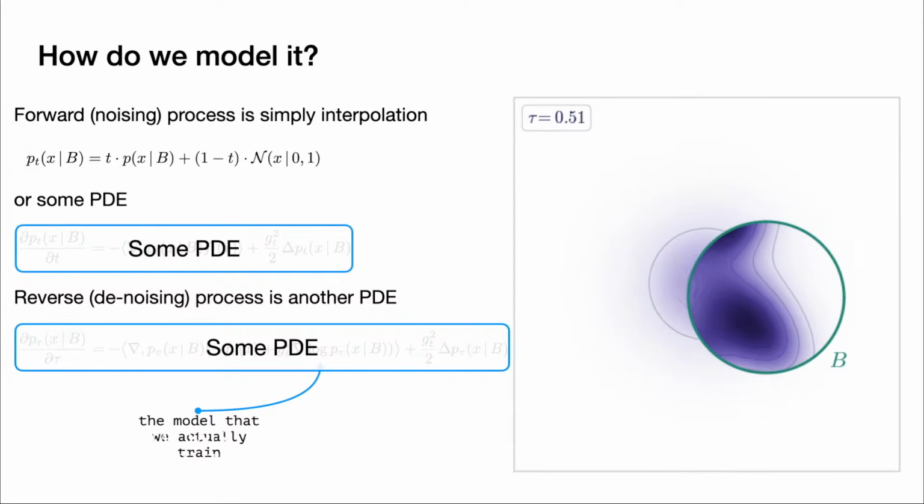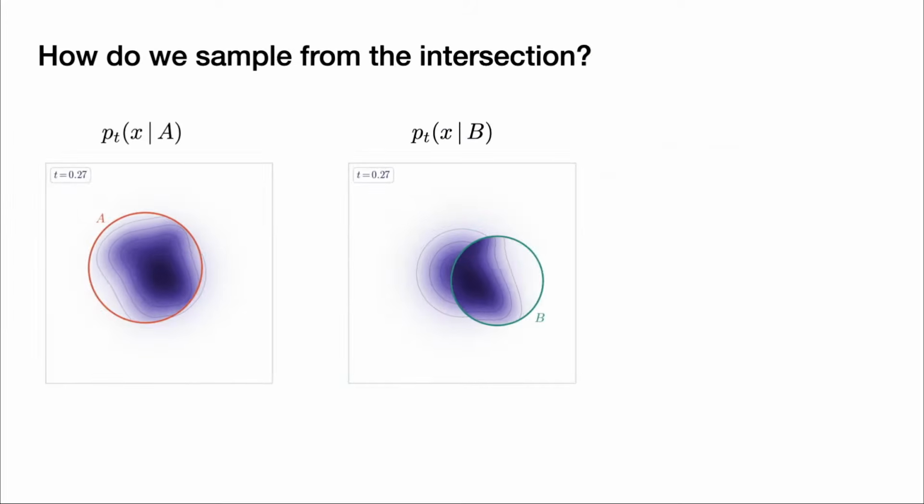We'll just think about this like a time-dependent process that changes marginals smoothly from normal to this conditional distribution. So now, given a trained model conditioned on A and a trained model conditioned on B, we can do this, of course, through amortization, as we can put labels into the model.